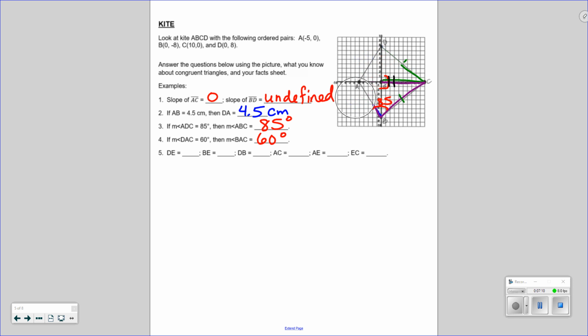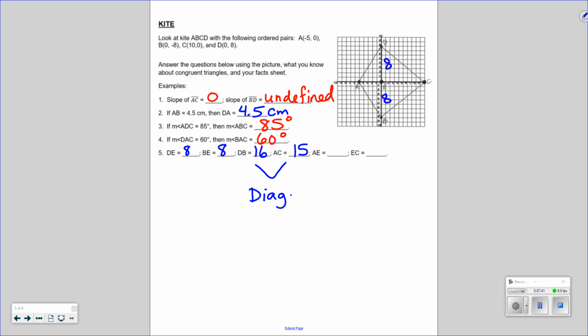So let's erase this so I can see everything. So we should be able to just count. So segment DE is 8, right? And look, segment BE is also 8. Segment DB is 16. The length of AC is 15. Therefore, the diagonals are not congruent.